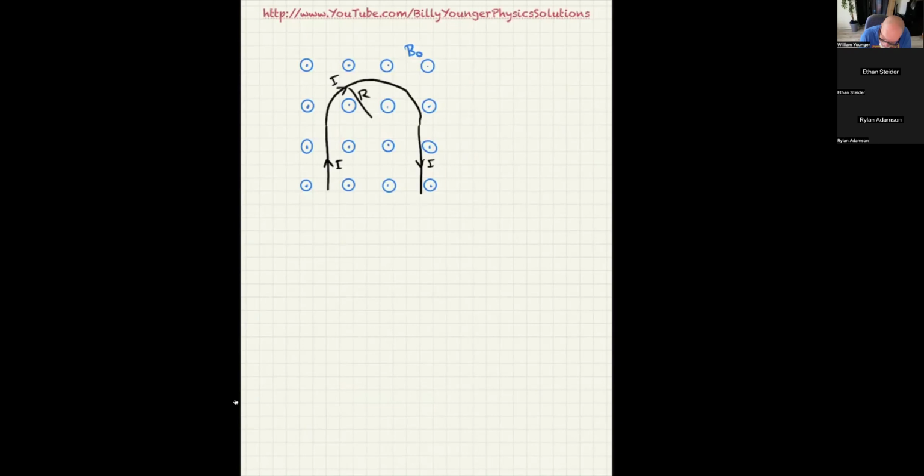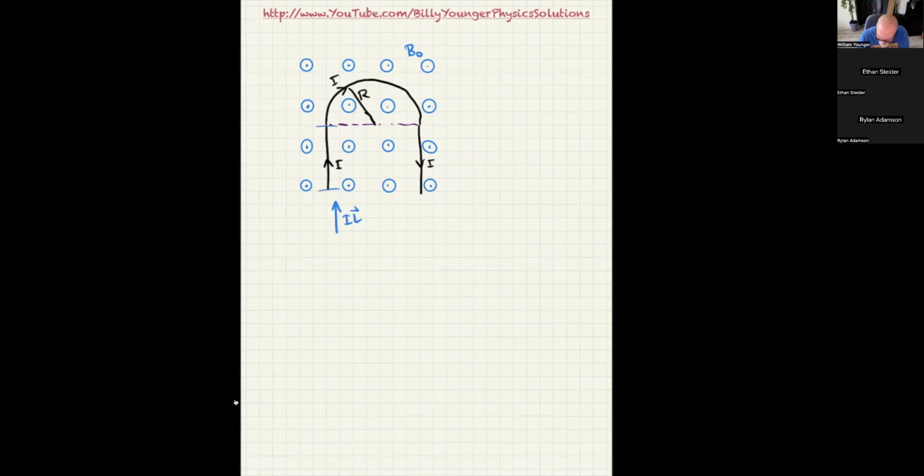So I'm going to break it up and imagine it having a part that corresponds to the semicircle and a part that corresponds to the straight line parts. If I look here, remember IL points this way for this particular part right here.